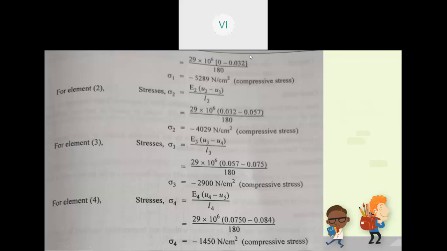Those topics we discussed earlier, and then followed by the bar elements we discussed truss elements. In truss also we discussed a linear problem, a moderate problem, and the toughest problem.